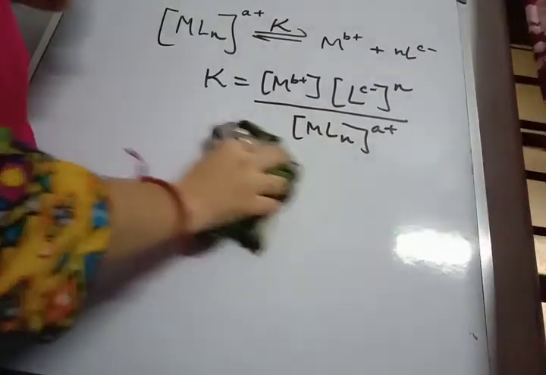We need to know this when a metal ion is present in free form. It is surrounded by the solvent molecules. That is basically there is solvation of the metal ion when it is present in the free form. Now during complex formation, what happens? The ligands approach the metal ion and the solvent molecules get replaced by the ligand.